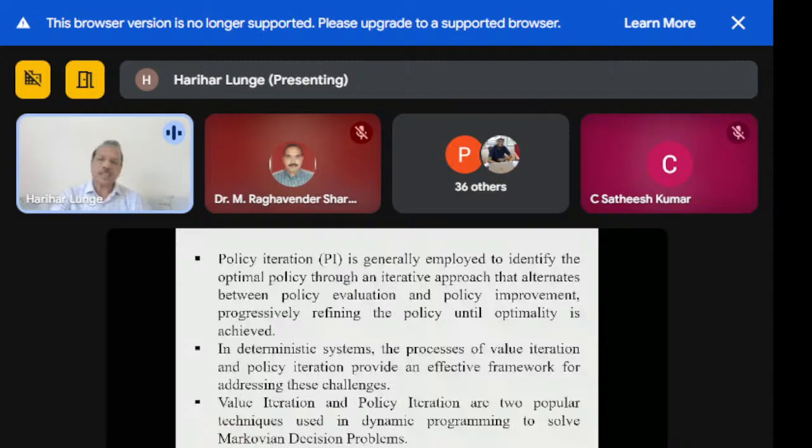In deterministic systems, value iteration and policy iteration provide an effective framework for addressing these challenges. Value iteration and policy iteration are two popular techniques used in dynamic programming to solve the Markovian decision process. In this article, we propose a modified form of the policy iteration method.